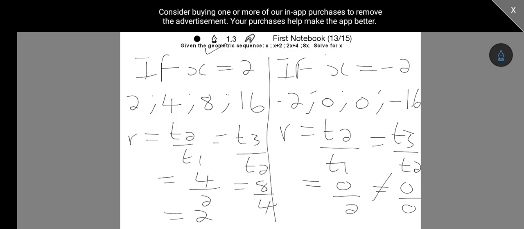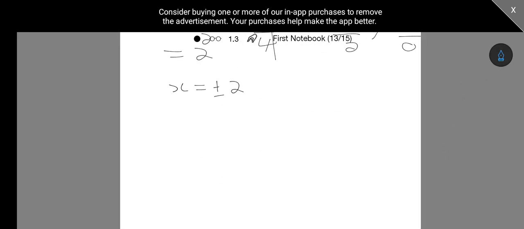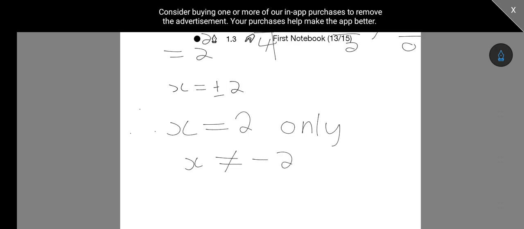This means that these ratios are not equal, and therefore negative 2 cannot be the solution, and we'll say non-applicable for negative 2. This means that the only solution to the expression is that x is equal to 2 only, and x is not equal to negative 2. I hope you understand.